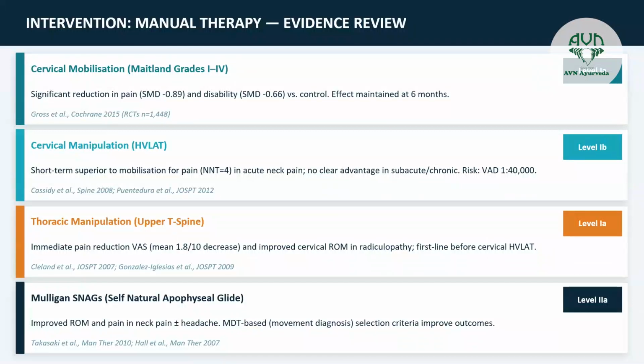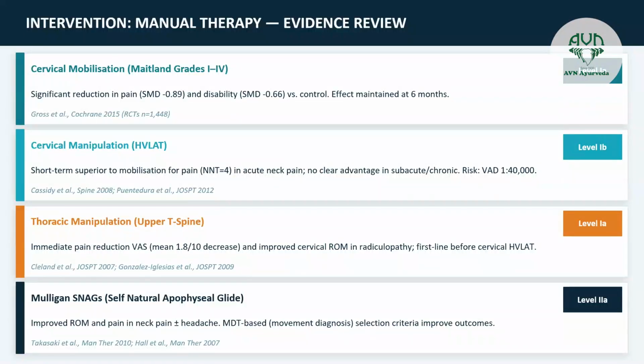But exercise therapy and manual therapy always have the upper hand in reducing pain, as well as improving quality of life, compared with other parameters. Because we can't give anything as a standalone treatment, we have to combine all the approaches to get a better recovery, or to improve the quality of life of the patient.